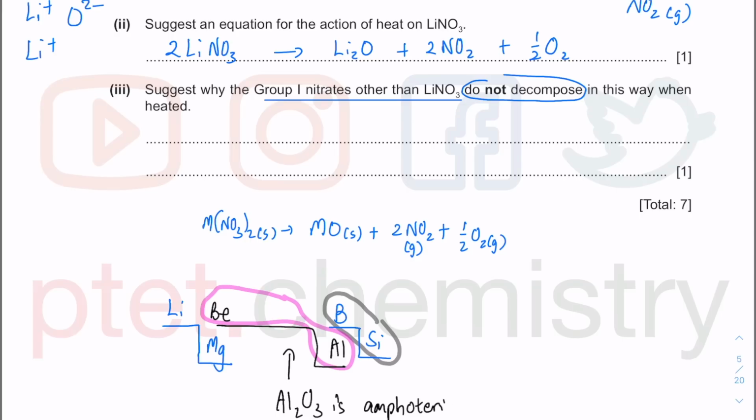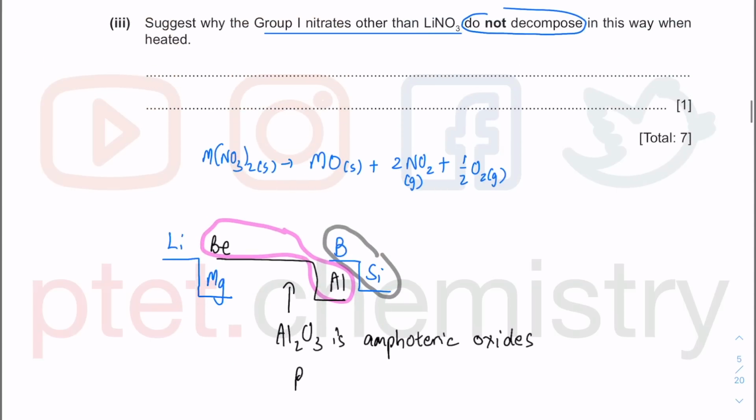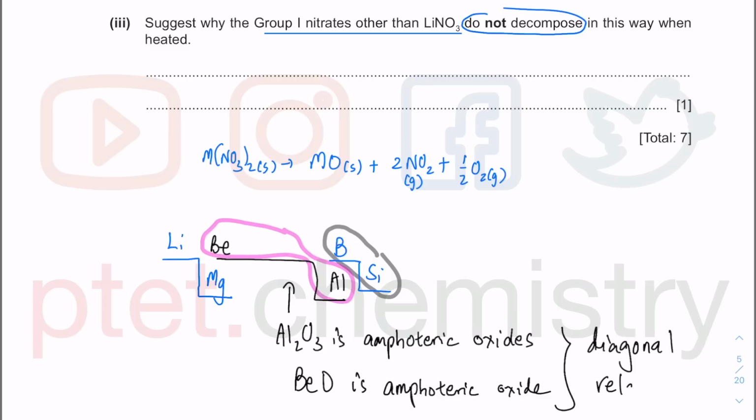Now, all of the group 2 oxides are basic except for beryllium oxide, which is amphoteric. And why is that? There is such a thing called diagonal relationship. What is the origin of this diagonal relationship? Well, like I said, it's no longer that relevant in your new syllabus, but this diagonal relationship arises as a result of very similar electronegativity.